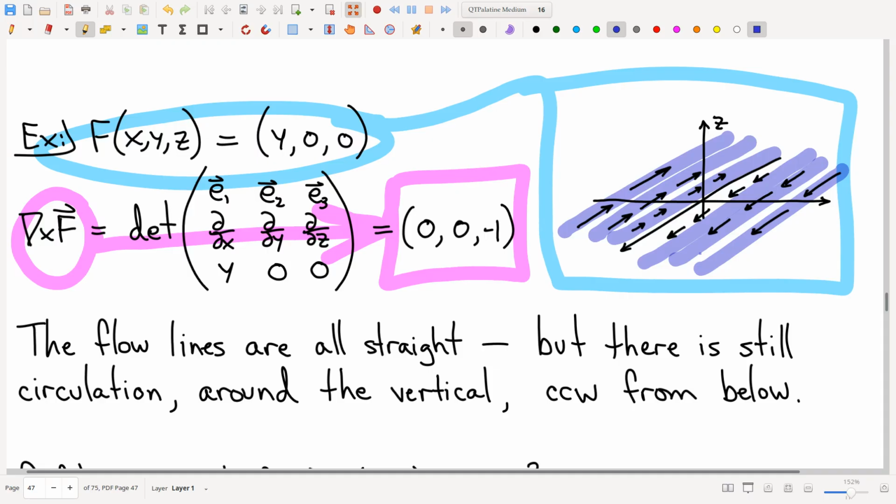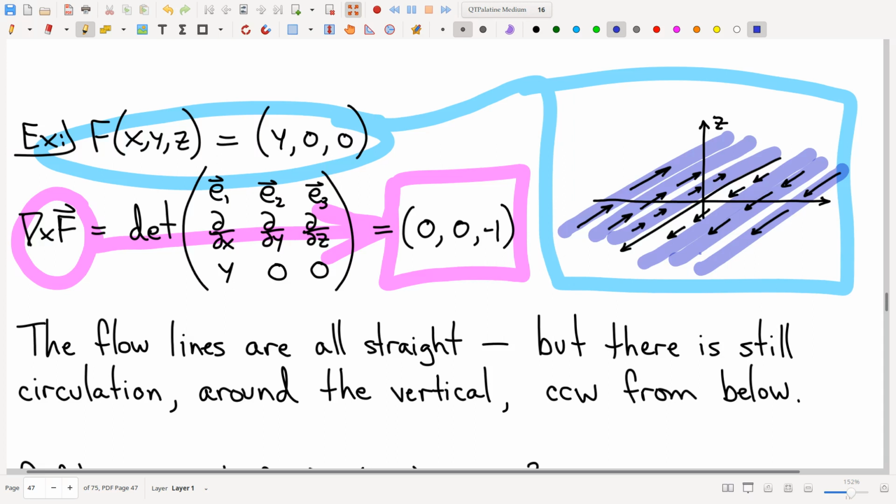And by the way, this is not the worst such example. I can generate examples where the flow lines are literally going the opposite direction of the actual circulation. So flow lines, not the story. Case in point. Curl says there's a rotation.